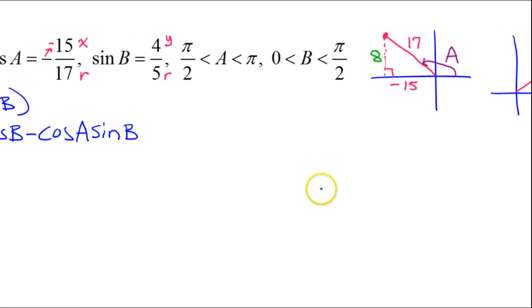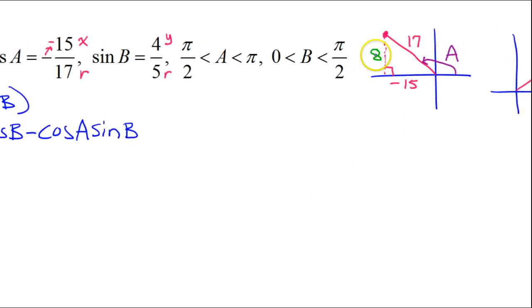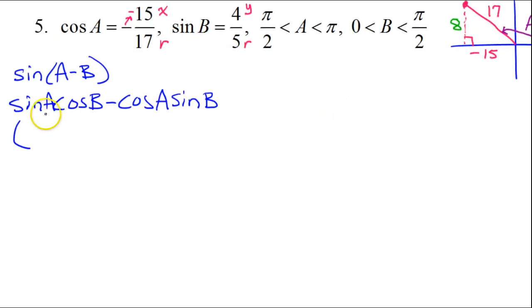Well, take a look at our little diagram. Sine is y over r, so that's 8 over 17. So I have 8 over 17.